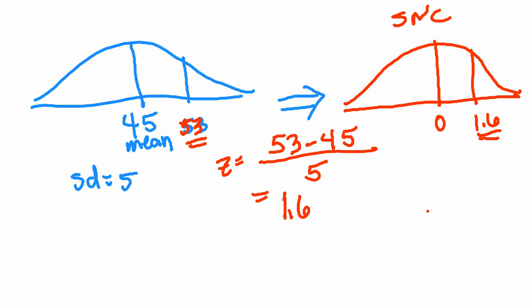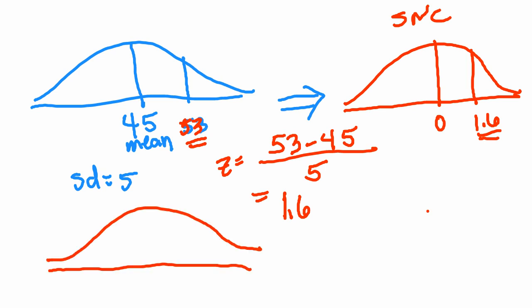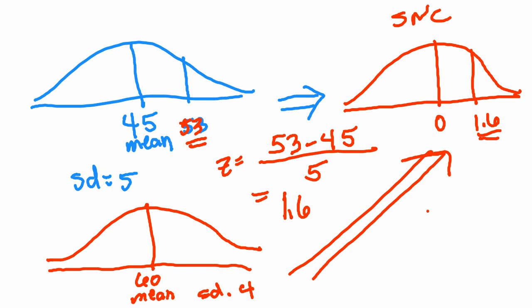But then we could take another curve, say the mean is 60 and the standard deviation is 4, and we can use the z-score of any score and put it on the standard normal curve, and we'll know where that score lies because we standardized it. So that's why we use z-scores, to take everything to the standard normal curve and see where it lies.